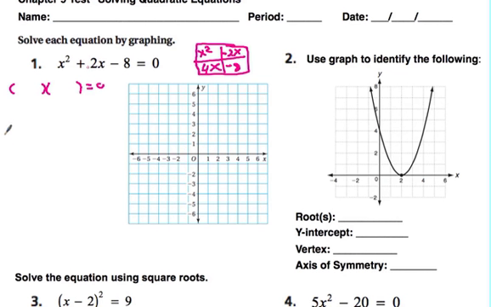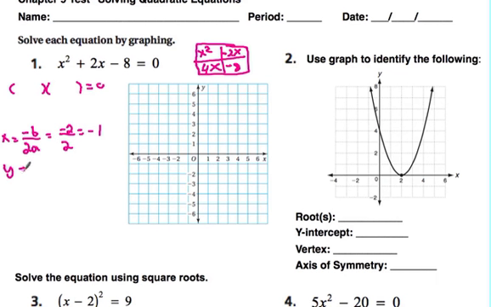To find the vertex, x equals negative b divided by 2a. b is 2, so it's negative 2, and a is 1, so negative 2 divided by 2, and that's negative 1. So x is negative 1.